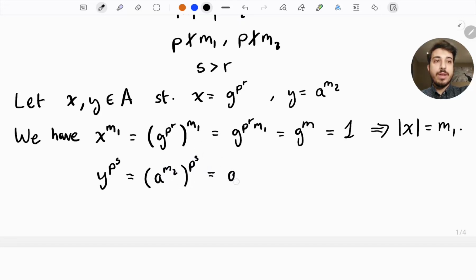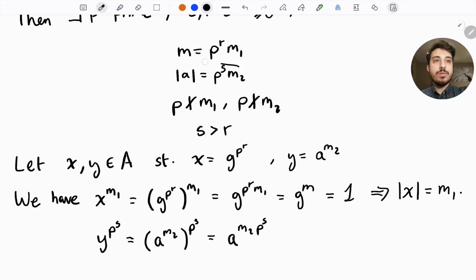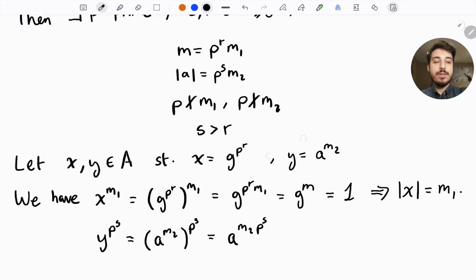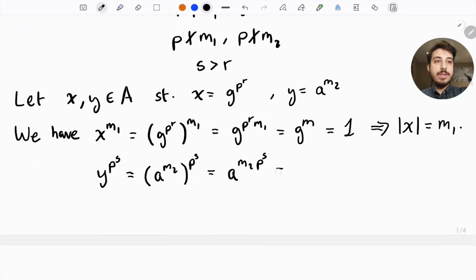This is equal to a to the m2 p^s, but that is equal to the order of a. So this is equal to a to the order of a, and a to the order of a, of course, is equal to the identity. So we conclude, similarly as in x, that the order of y is equal to p^s.